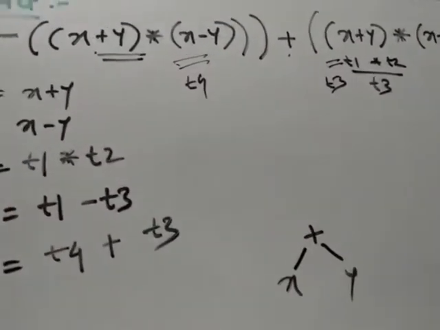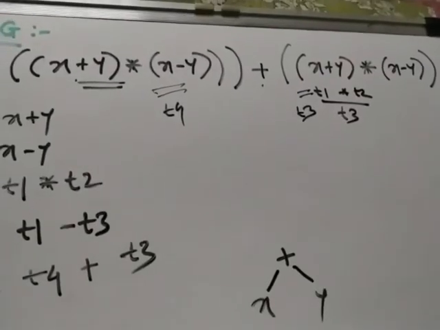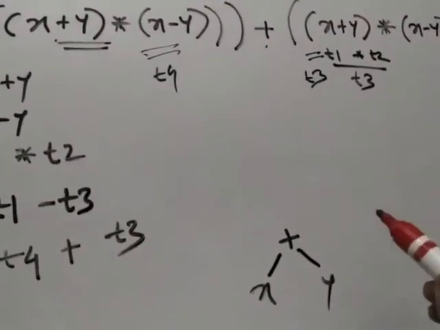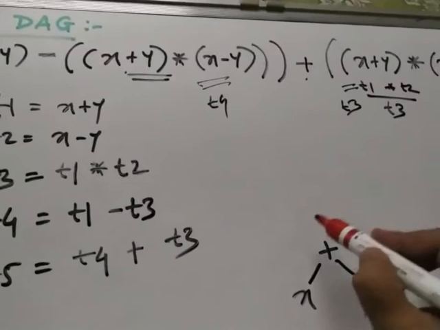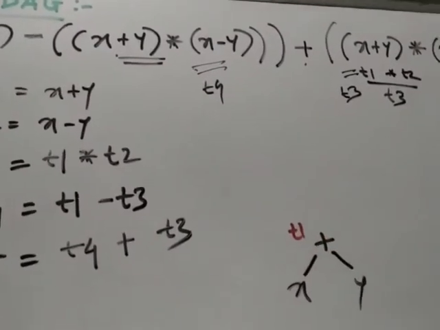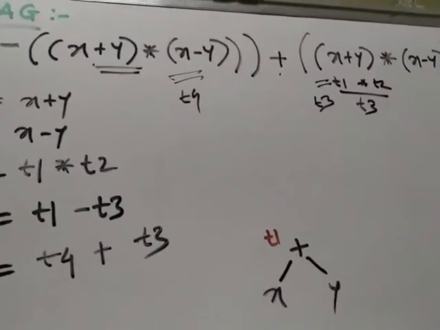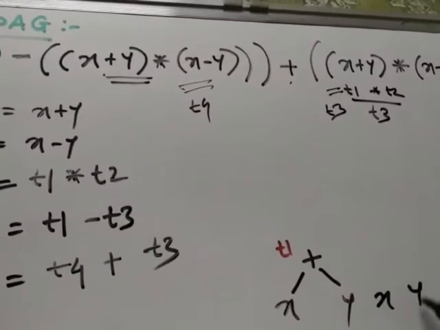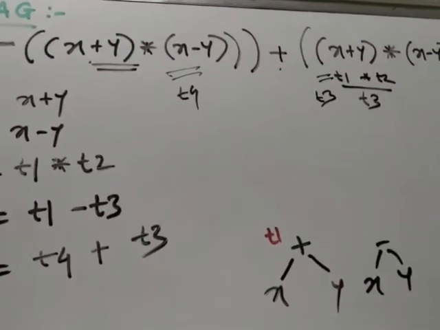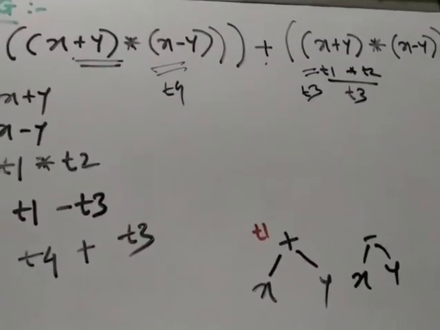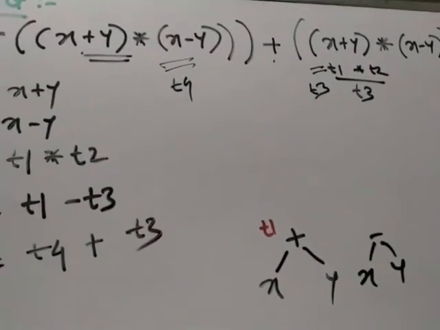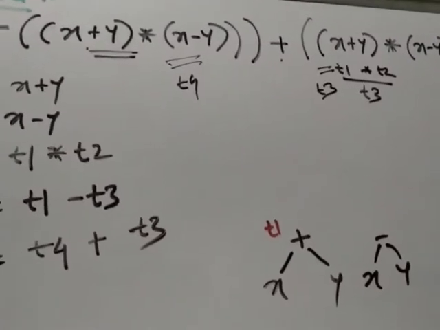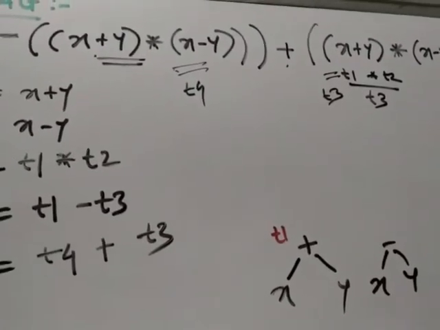So this is nothing but our T1 part, where x plus y is added. So T1 I have created. Now x minus y. If I write x, y and minus, this will violate the principle of DAG, because reusability is the main concern. For that reason we are using the DAG.